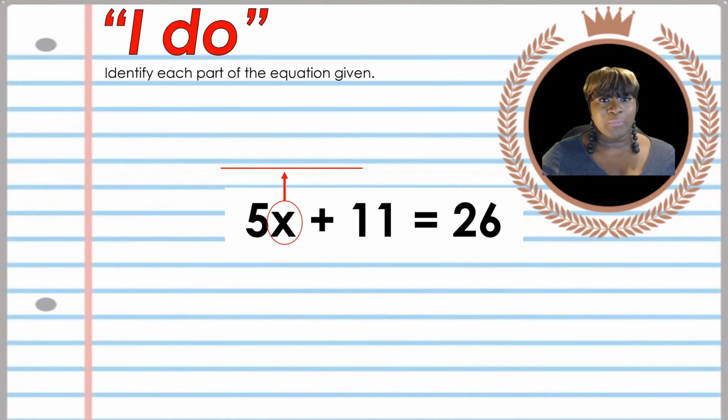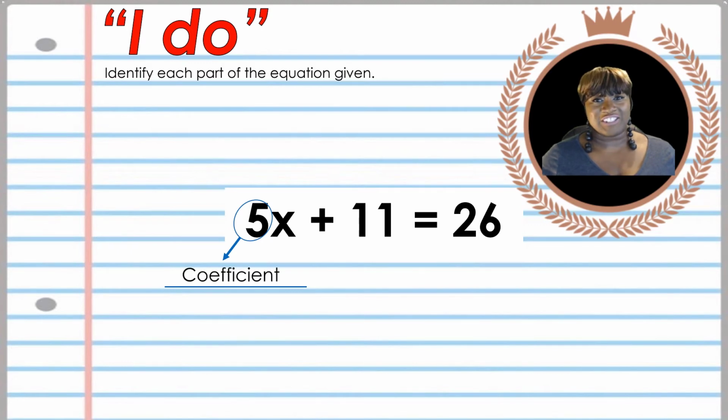We will recognize that x is a variable. The next number that's outlined is 5. 5 is being multiplied times the variable. It's the number in front of a variable, and we know that that is a coefficient.